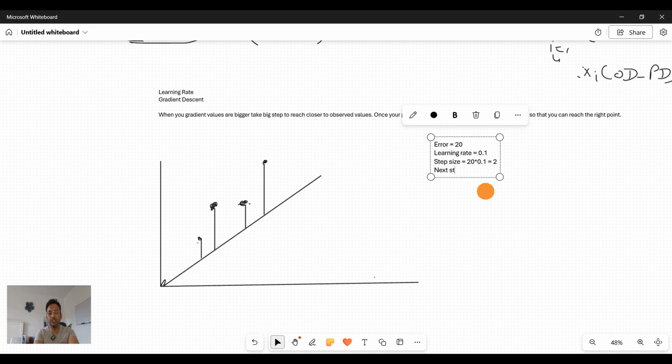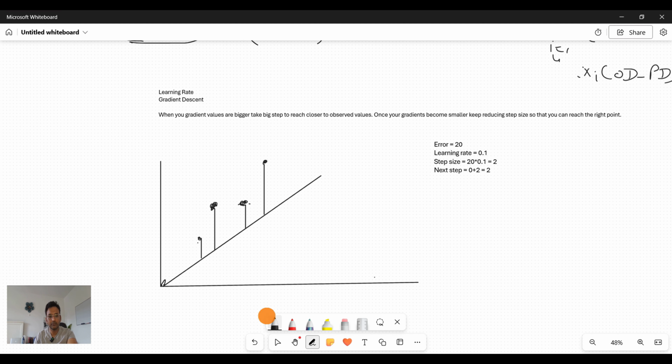Next step could be C1 was 0, plus 2, equal to 2. So we can go up to here at this point maybe. So our next line could be maybe here, this may be 2, and our next line could be here.